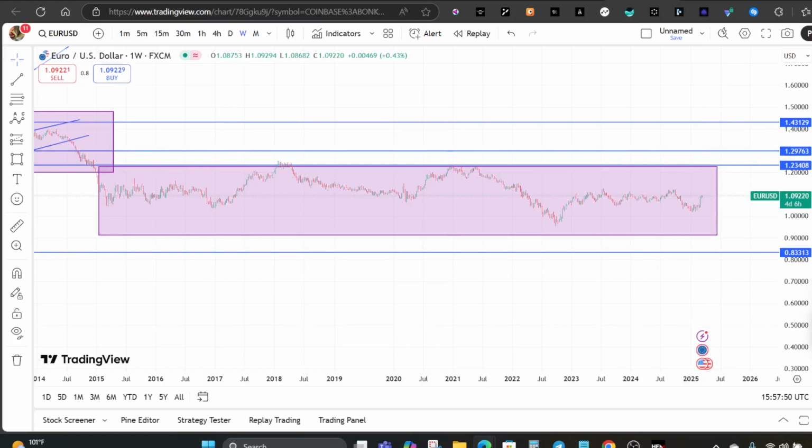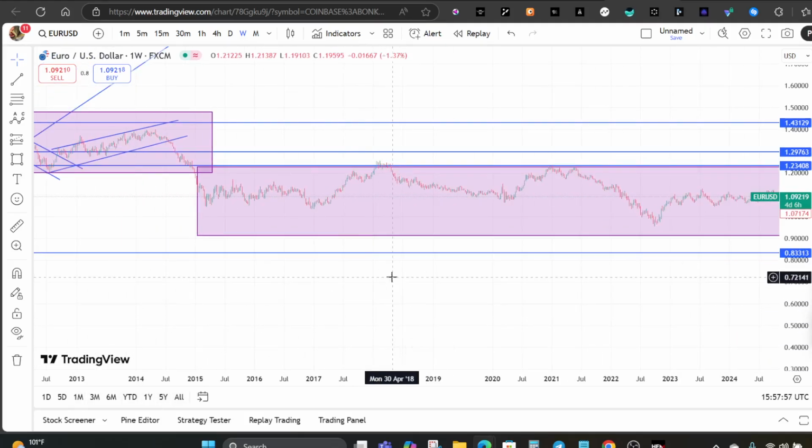So now that we understand how Elliott waves form, let us talk about how to actually use this strategy in your trading.